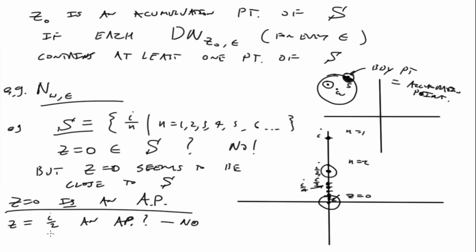If I take epsilon equal to 1/10, that makes a deleted neighborhood that encloses only i over 2 and will not contain any of the points next to it. It will not contain i over 3 and it will not contain i or any other point of S. So i over 2 is a member of the set, but it is not an accumulation point.